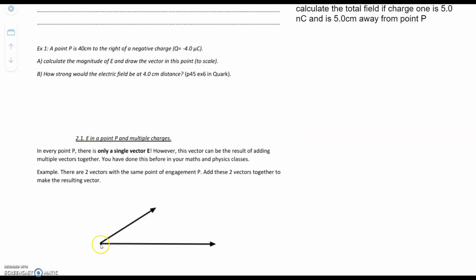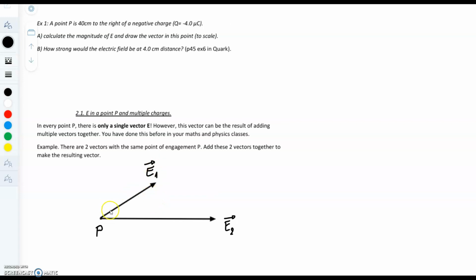If you have a single point P here, in this case, and it has 2 electric fields active, in this case, E1 and E2. Both are vectors, so you denote that by drawing an arrow above the symbol. Now, what is causing this first field vector?